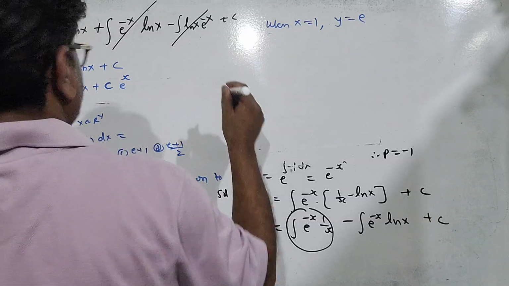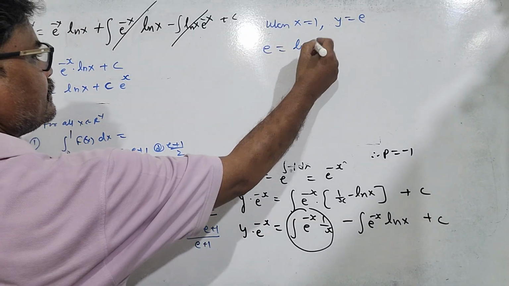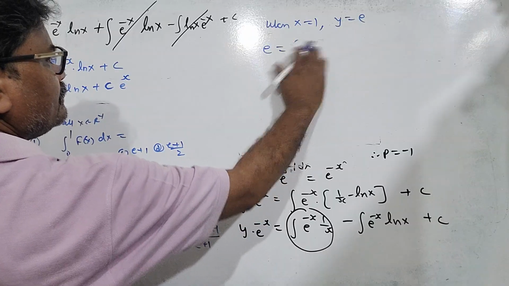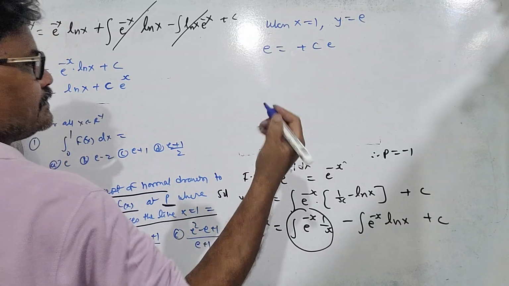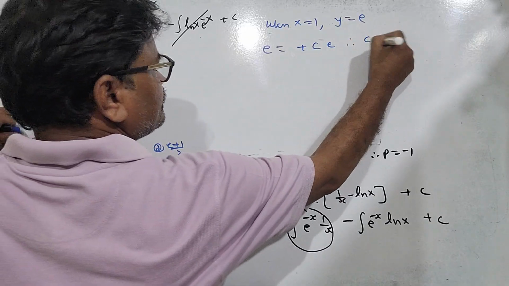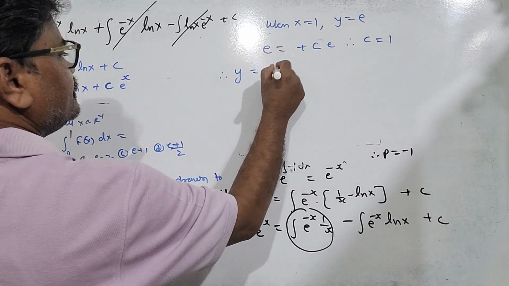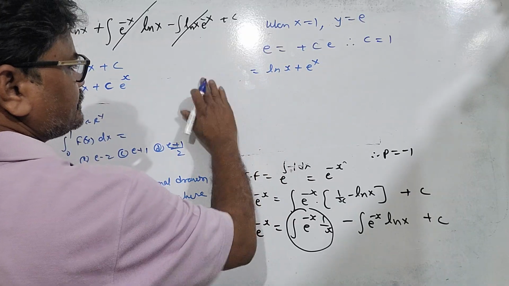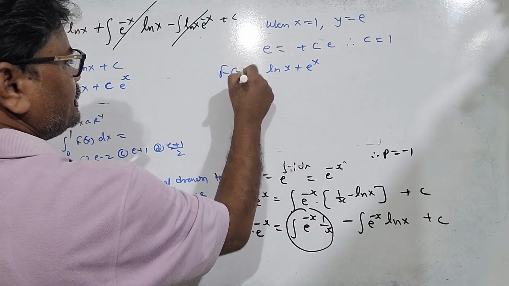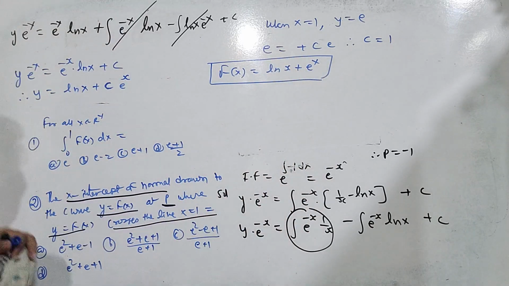So y is equal to e here. e equal to ln 1, ln 1 is 0, correct, plus c into e to the power 1. So therefore c is equal to 1. So finally you are getting y is equal to ln x plus e to the power x, that is your f(x). Now y can be replaced by f(x). So you have now come to the f(x).